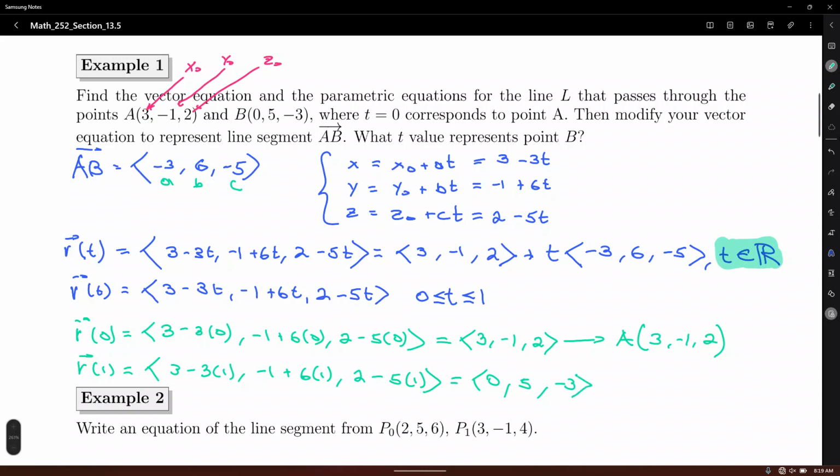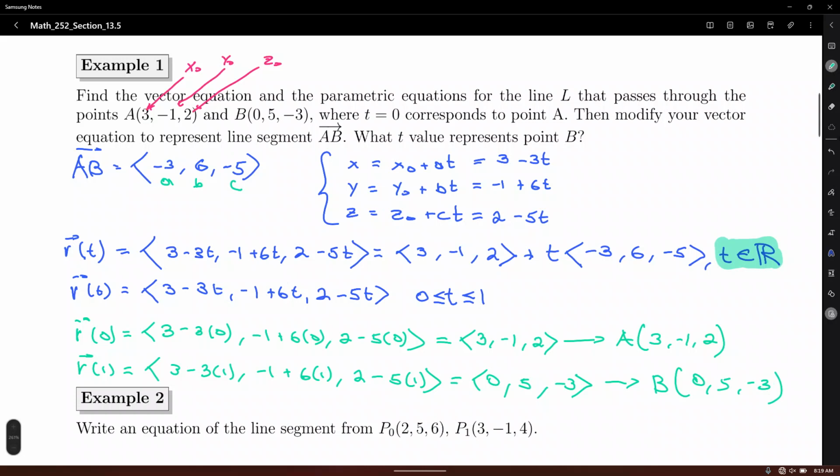Isn't that a vector whose components are the same as the coordinates of the terminal point? So this is just to show that indeed this is the point, 0, 5, -3. Of course, there are other ways to parameterize lines.